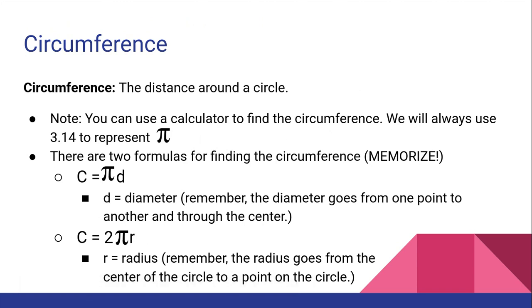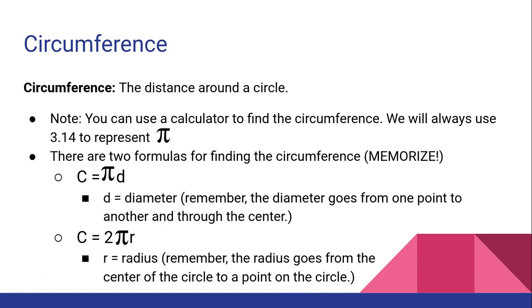So circumference is simply the distance around a circle. You could think of it like the perimeter around a circle. So you can use a calculator to find the circumference. We will always use 3.14 to represent pi.